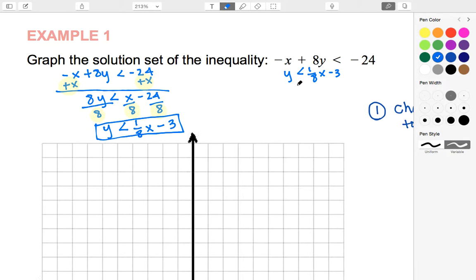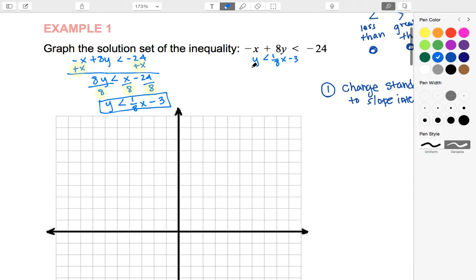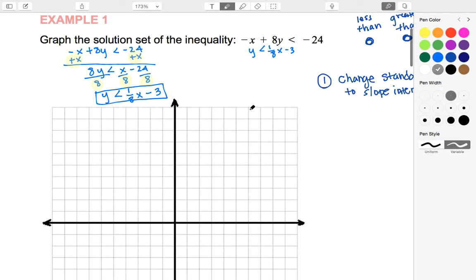Once we are done doing this, the key thing whenever graphing is that it's always best to graph its linear version first, and then graph the inequality. So I'm going to mark this in gray so that we can see that.